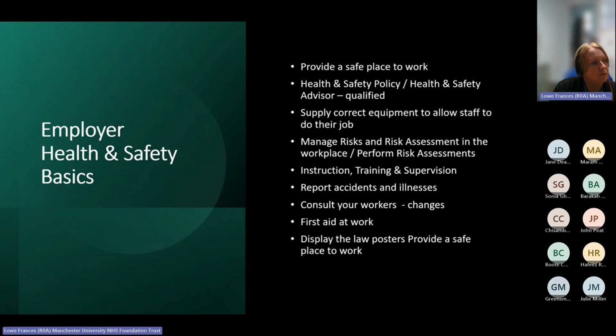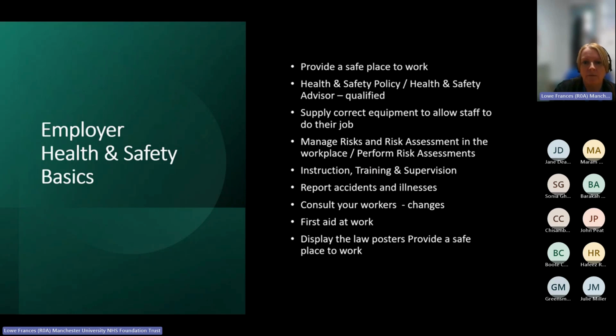So then we've just got some employer health and safety basics. These are things like providing a safe place to work, making sure that the working environment is safe, there are facilities for staff, provision of correct PPE and equipment to do the job.